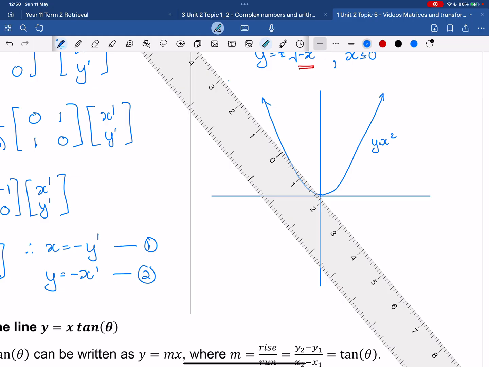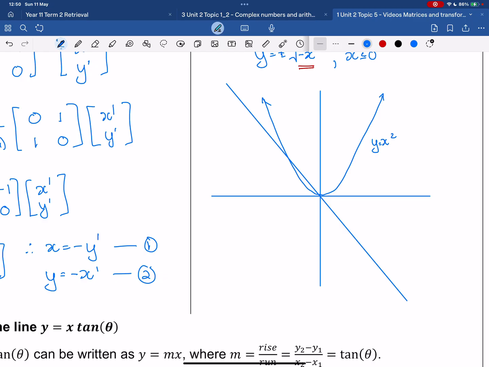So here's our line y equals negative x that we're reflecting about, and our function looks something like that, and that's our y equals negative x, and this is y is plus or minus the root of negative x.